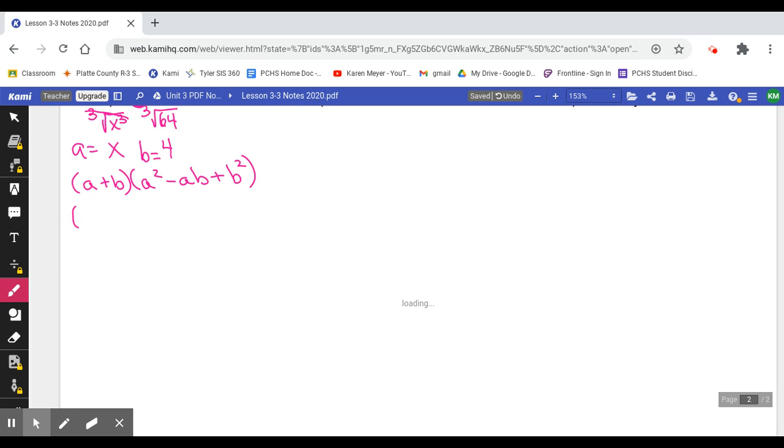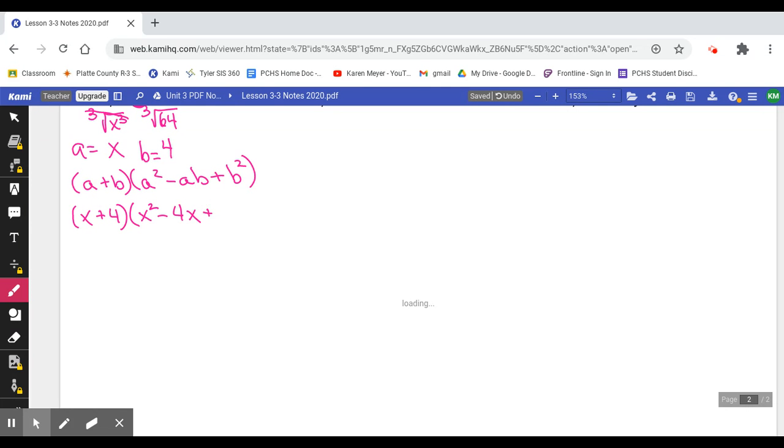So in the first parentheses, where I see a, I plug in an x, and where I see b, I plug in a 4. So I get x plus 4. In the second parentheses, you want to square a. If I square x, it becomes x squared. Minus, then take a times b. So x times 4 is 4x.